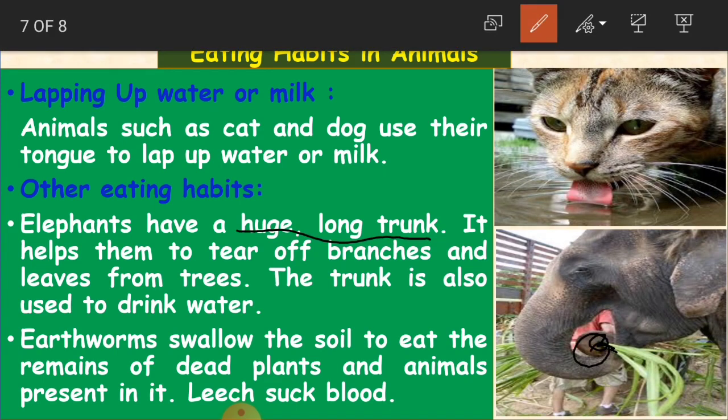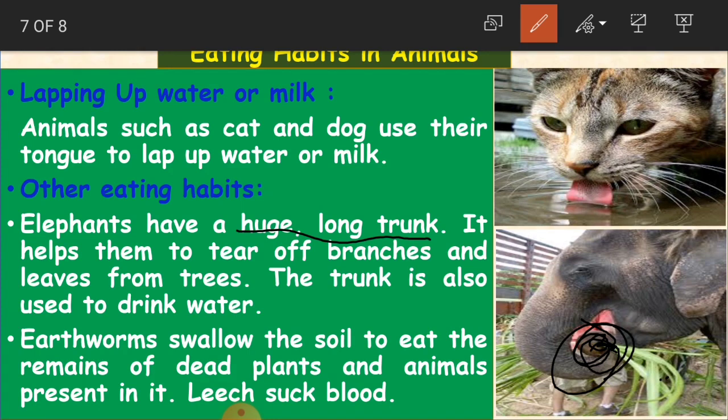It is able to drink water using this trunk, and it also helps the elephant tear off branches and leaves from trees. See here, it is taking the branches or some leaves as food into its mouth with the help of the trunk. So here the trunk is used to drink water and tear food from the branches of the trees.